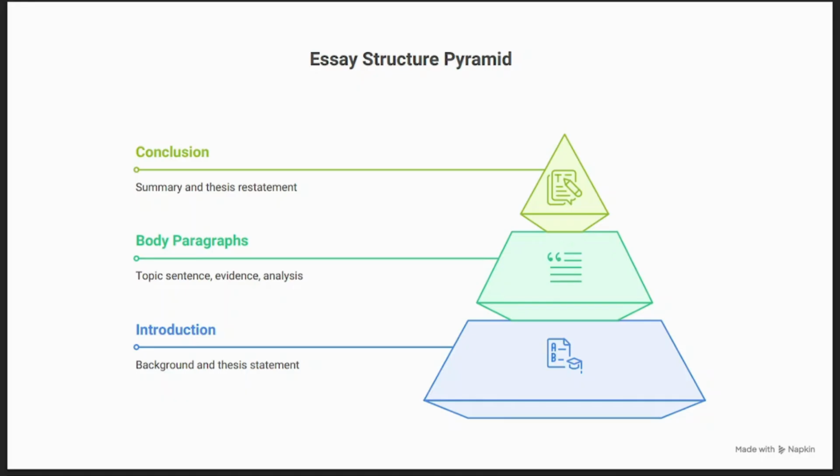You're going to start with the topic sentence, which essentially provides the reader with what the subtopic is talking about based on the main topic that you were given. Then you're going to present it with evidence and analysis, or any sources that you have researched. You're going to put them in the body paragraph.